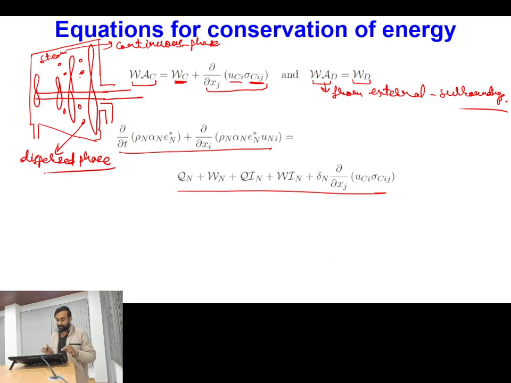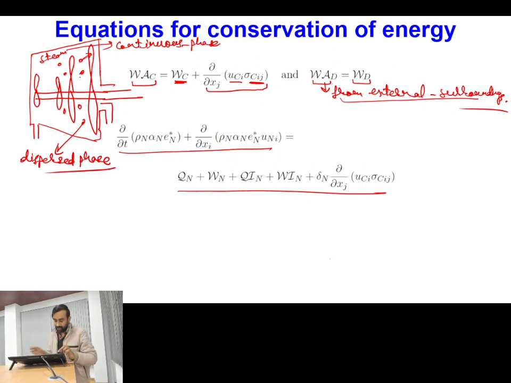So this dispersed phase can interact with the surroundings. If this dispersed phase is sticking on the turbine blades and then moving with the turbine blades, it will be exchanging a certain amount of work. So that work I am writing as work done on the dispersed phase from external surroundings.